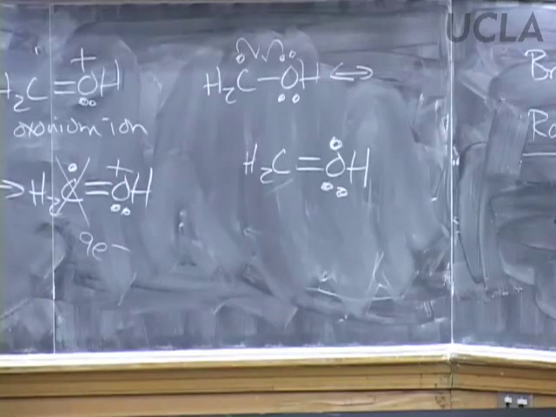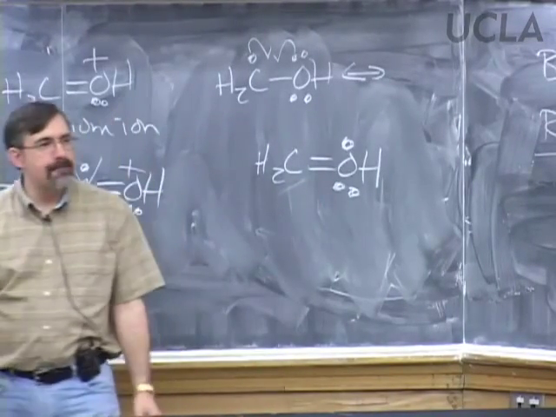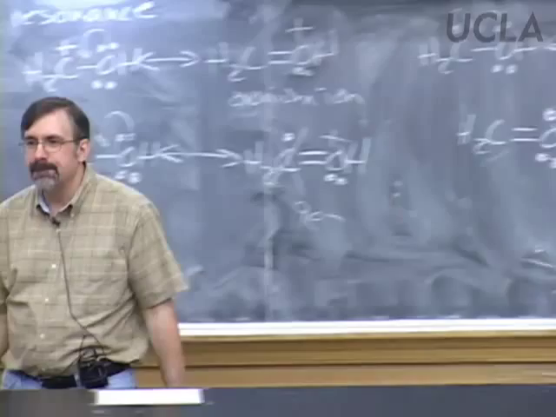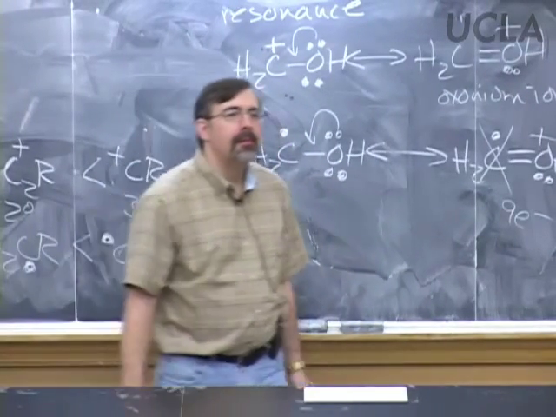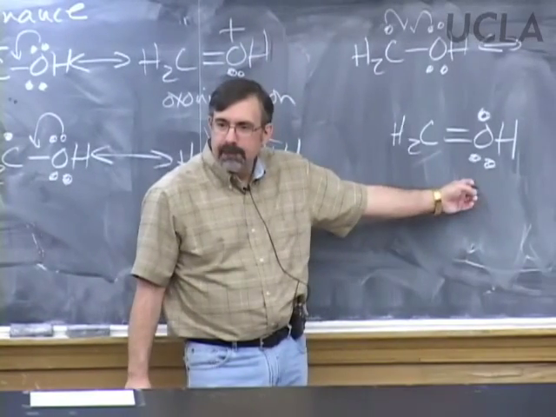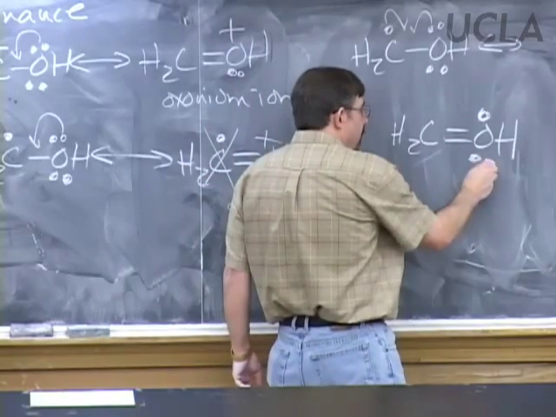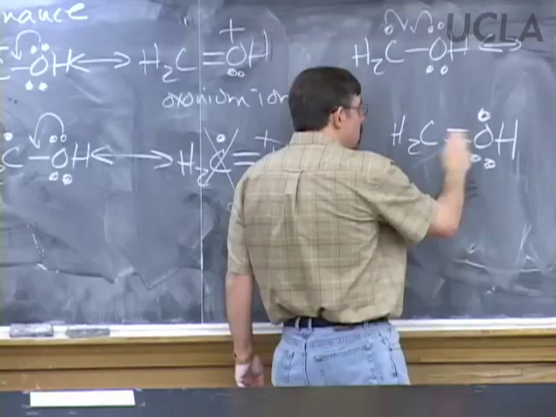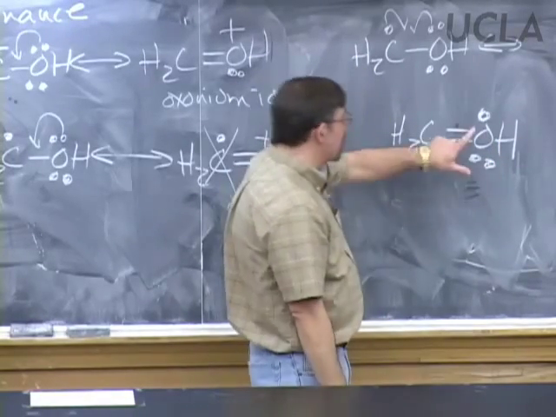And that's my new structure. What do we think about that one? Does everybody have a full octet? Uh-huh. And then some. What's the problem here? 1, 2, 3, 4, 5, 6. What am I missing? 2, 4.